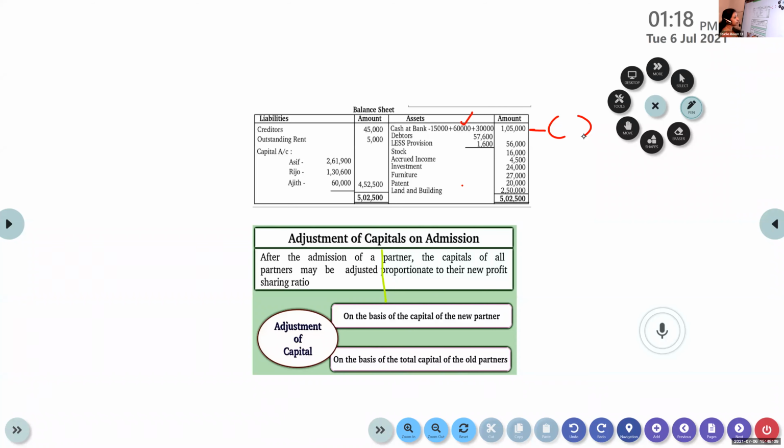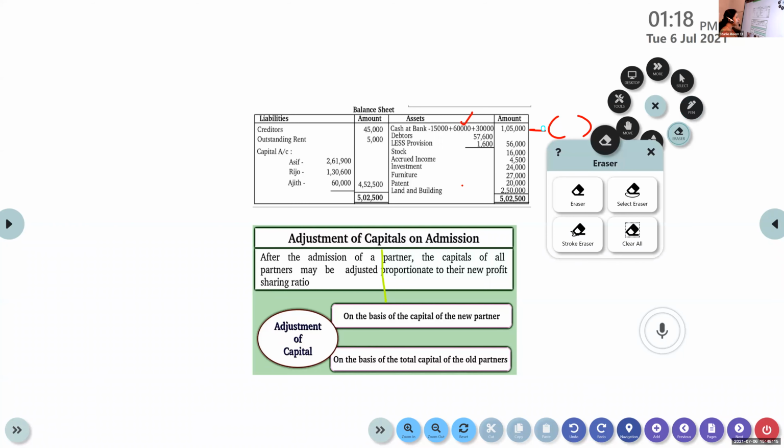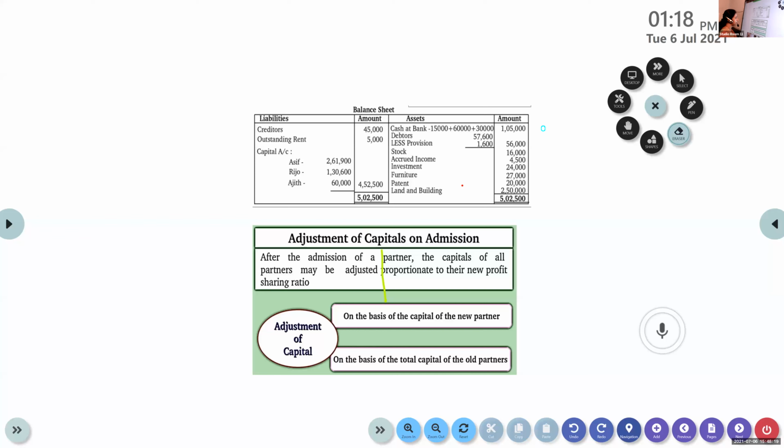So that is reduced. 57,600 minus 1,600 will give you 56,000. Then there is stock. Nothing is happening to the stock. Is there any adjustment related to stock? No, nothing was there. So 16,000 as such.